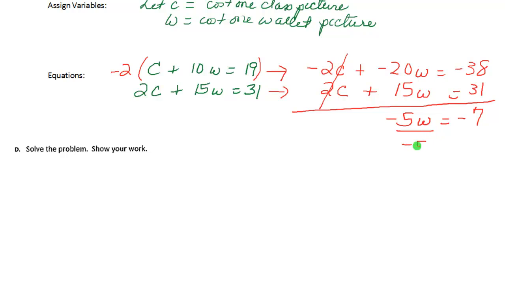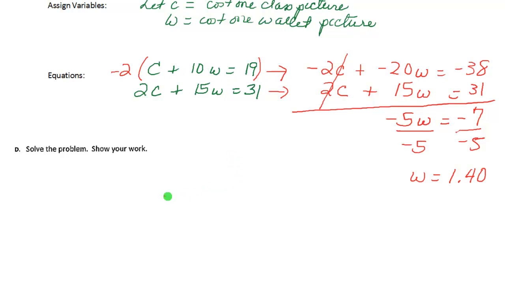I'm going to divide by -5. And so W equals, let's see, 5 into 7 once, 2 left over. So $1.40 for the wallet size. We got that the wallet size is $1.40. Okay, so now we need to solve for C. So let's substitute the $1.40 up here in this first equation.